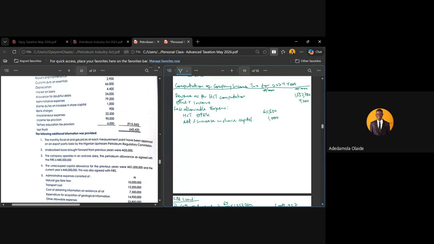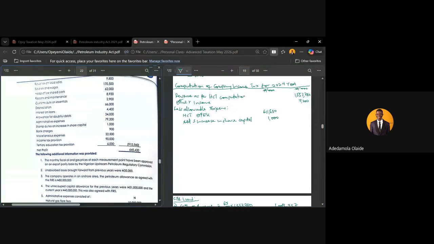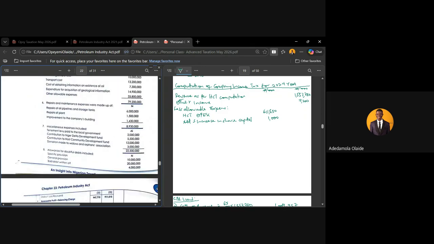So after adding those ones, we now look out for other expenses that were disallowed earlier, but will be allowable under capital gain tax. Natural gas fee down is still disallowable. All of these are disallowable. Even improvement to building is disallowable.